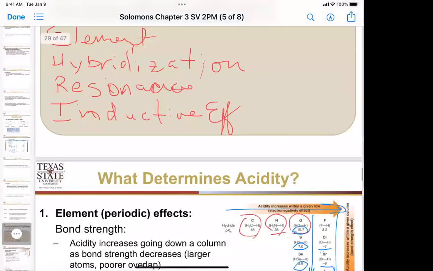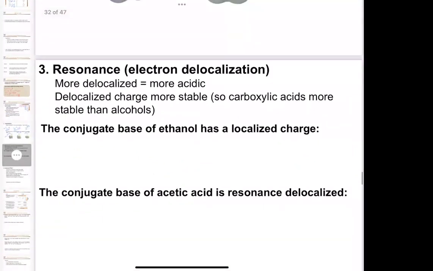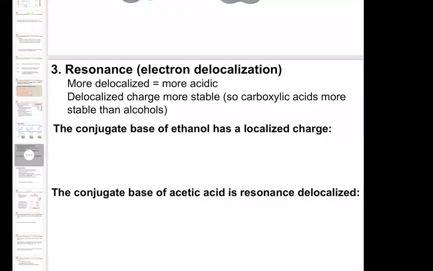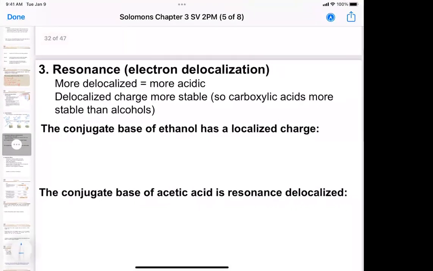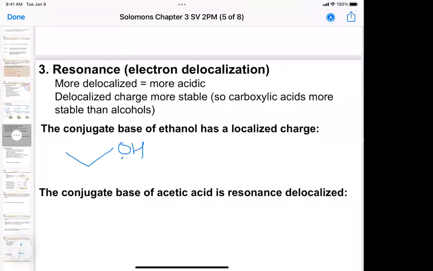So that's hybridization. Let's talk resonance, not conjugation, resonance. In the case of resonance, the more delocalized your anion is, your two electrons that stayed behind, the more acidic it is. Let me draw ethanol here, OH, and it has two lone pairs right here.